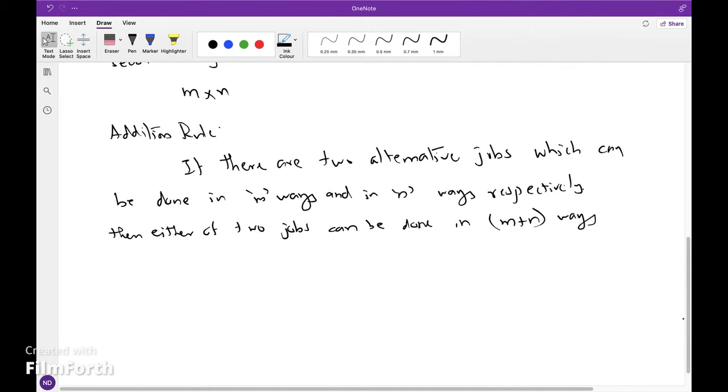And implies multiply, and or implies add, addition.